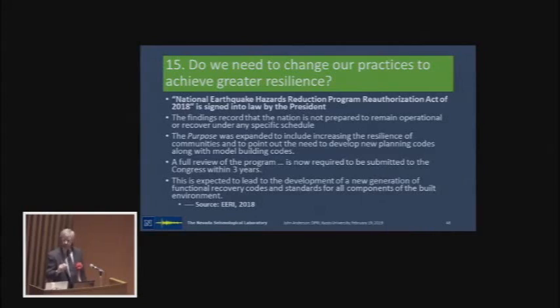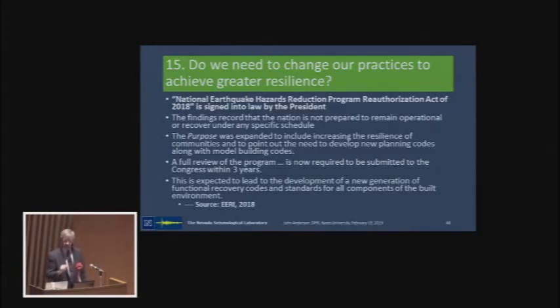reauthorization record that the United States is not prepared to remain operational or to recover from a large earthquake under any specific schedule. And so the purpose of the NEHRP, the National Earthquake Hazards Reduction Program, was expanded to include increasing the resilience of communities, and to point out the need to develop new planning codes along with the model building codes.